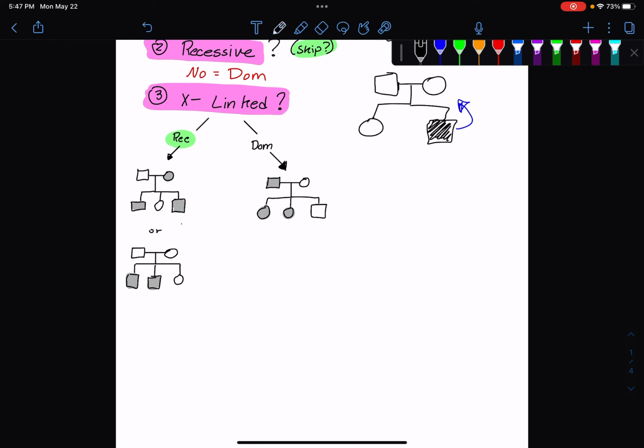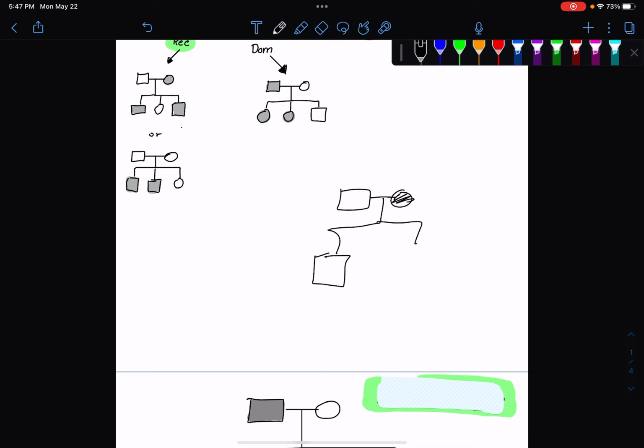So if you have a pedigree where the mom is affected, and let's say you have two sons, and one's affected but one's not, there's no way that's X-linked recessive. Because she has to pass down her X, and her X would be X little r.